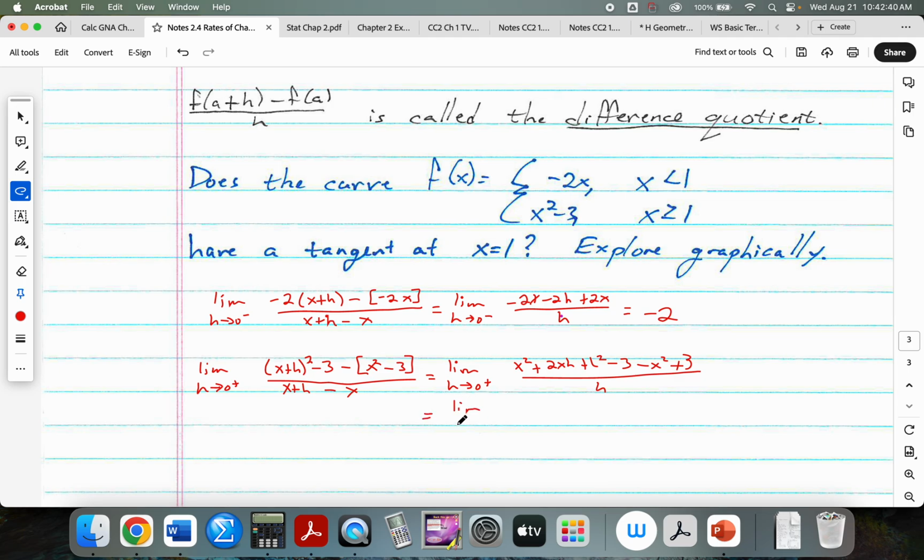So that's going to be the limit as h goes to 0 from the right. The x squareds will subtract off to be 0. The negative 3 and the positive 3 add together to be 0. So I'm left with 2xh plus h squared over h.